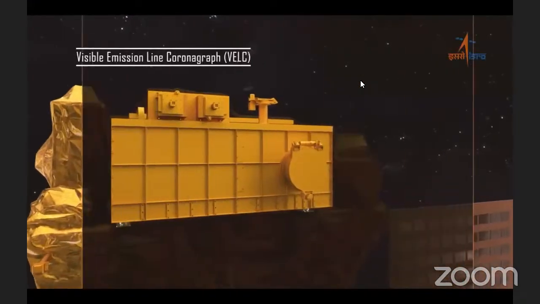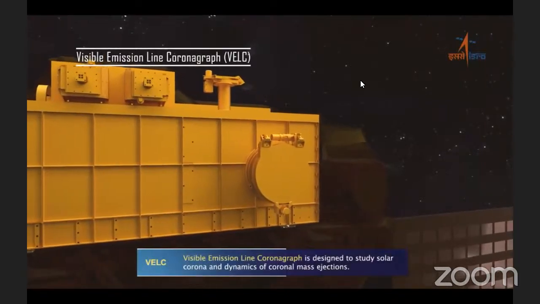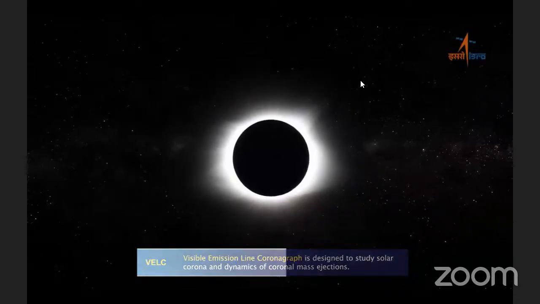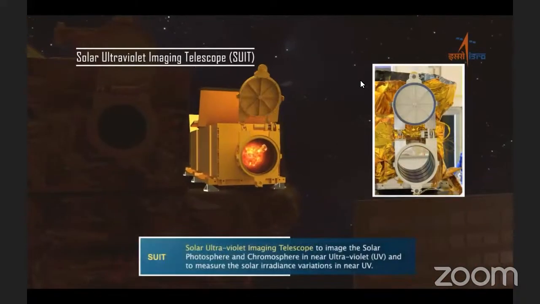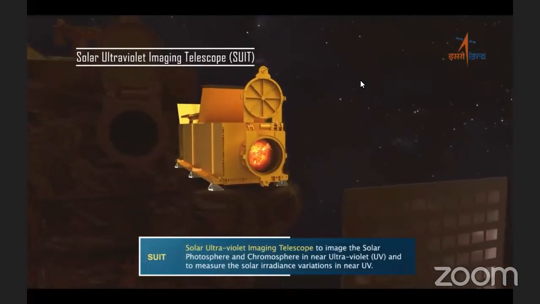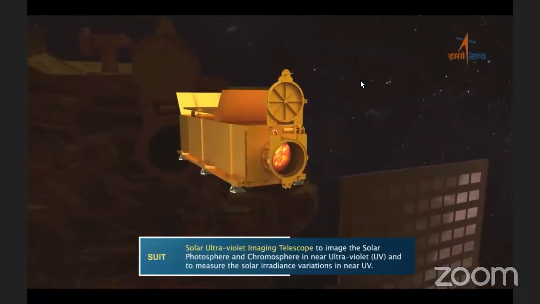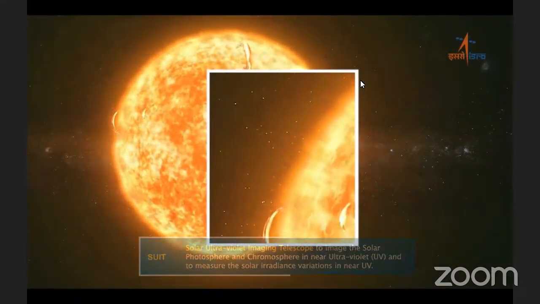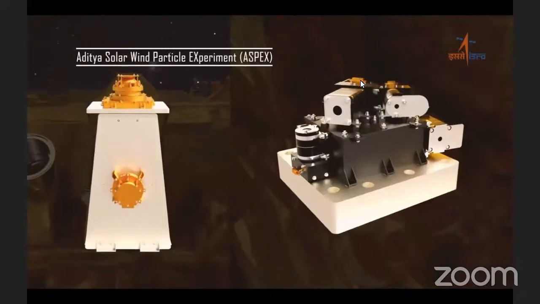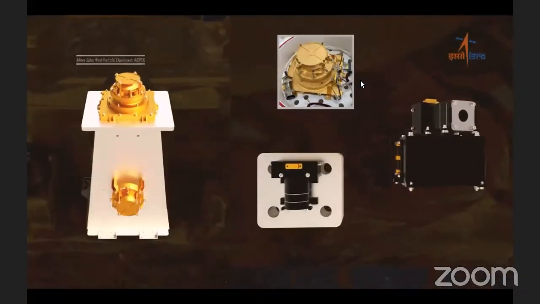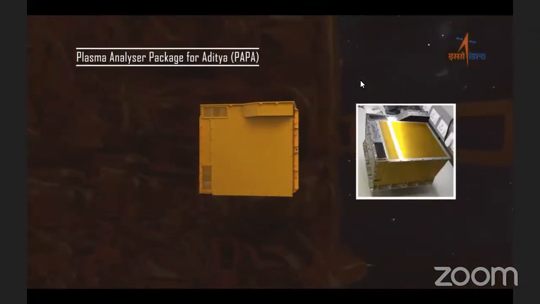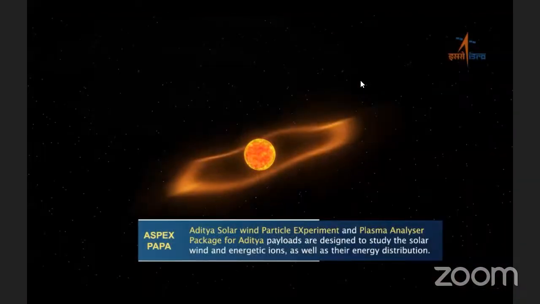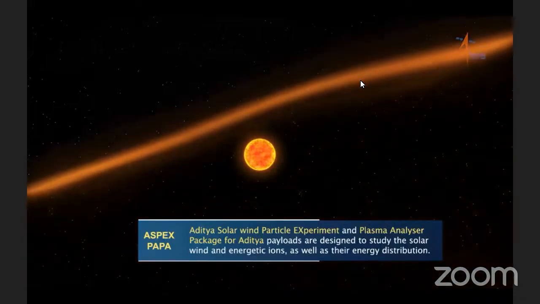This emission line studies the dynamics of the Sun's coronal ejections. The Solar Ultraviolet Imaging Telescope, SUIT, images the solar disk in near ultraviolet and also measures solar irradiance variations. The Aditya Solar wind Particle Experiment, ASPEX, and the Plasma Analyser Package for Aditya, PAPA, study the solar wind and its energy distribution.